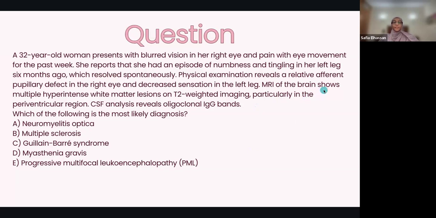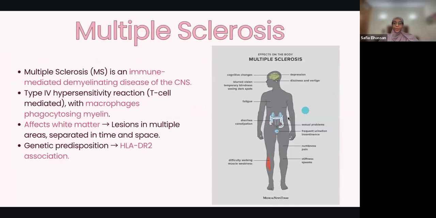Middle-aged women, optic neuritis, all correct. Okay, so multiple sclerosis is an immune-mediated demyelinating disease of the CNS. So it's caused by T cells, and it's a type IV hypersensitivity reaction, so T cell mediated, with macrophages phagocytosing myelin. So it affects the white matter, and it has a genetic predisposition with HLA-DR2.